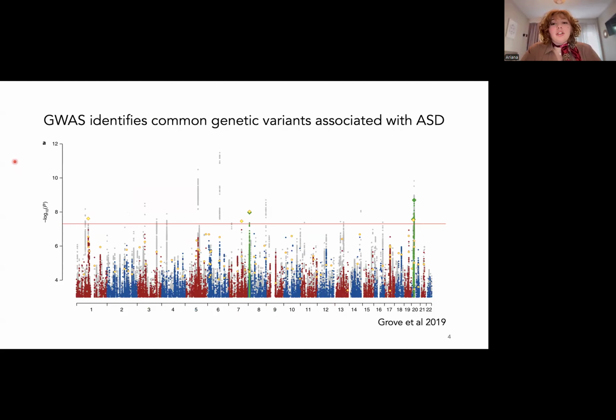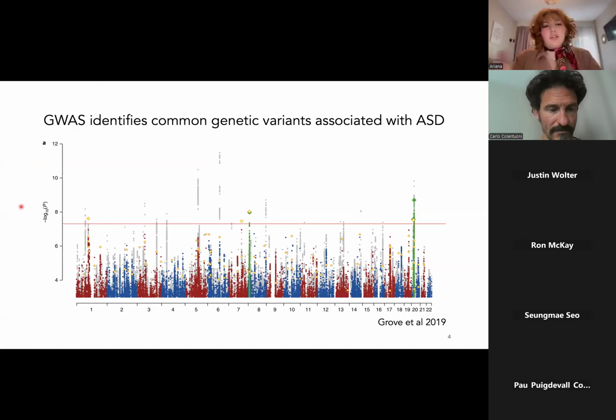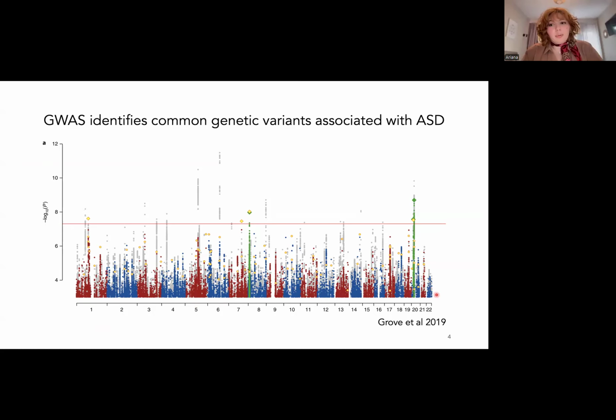This is where genome-wide association studies, or GWAS, have been essential. They let us pinpoint the common genetic variants associated with ASD. In case you're not familiar with this Manhattan plot, each dot is a genetic variant. The x-axis shows genomic position by chromosome, and the y-axis shows statistical significance.